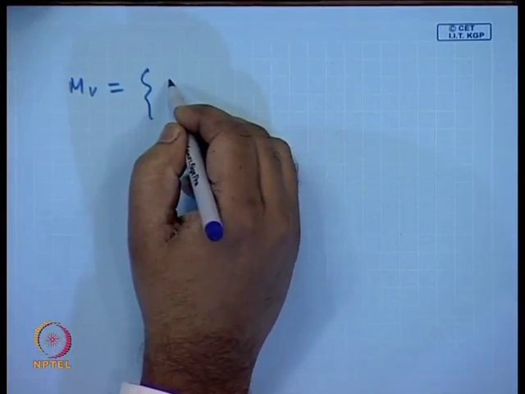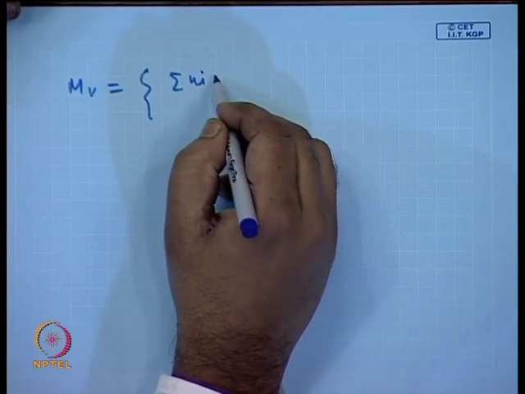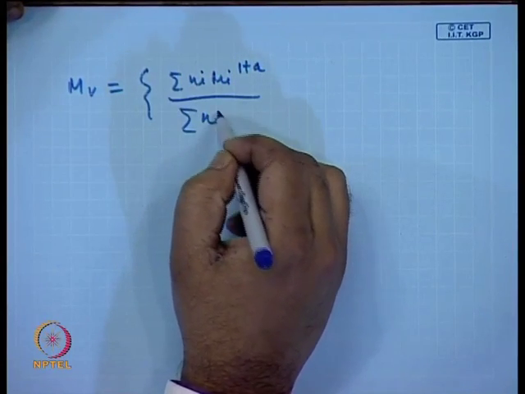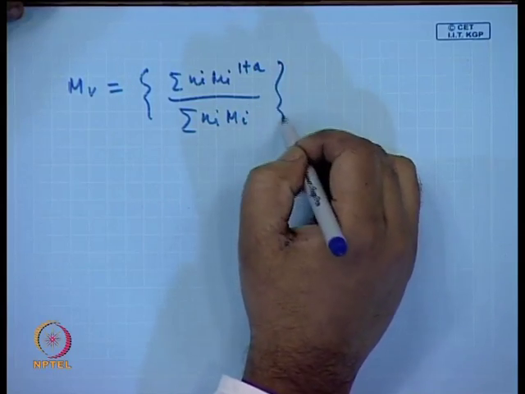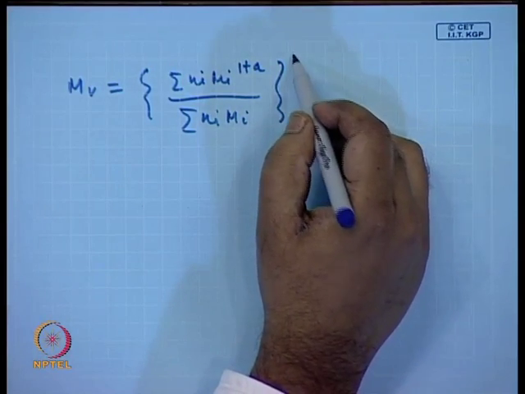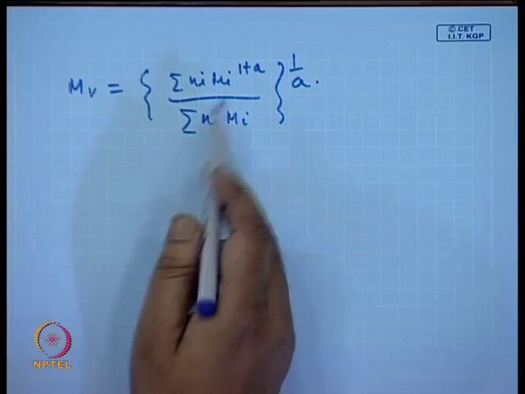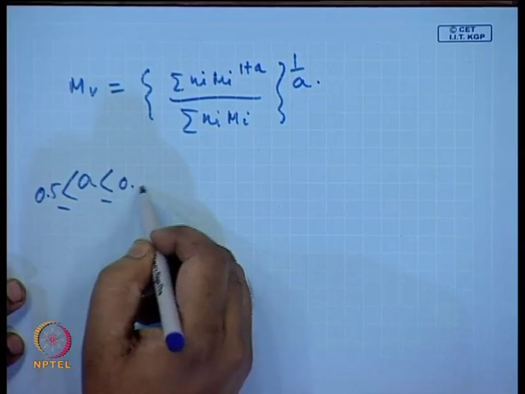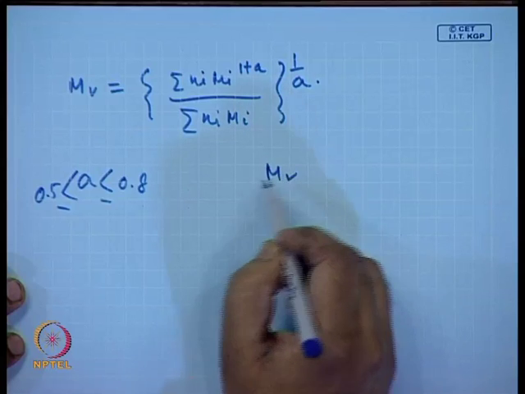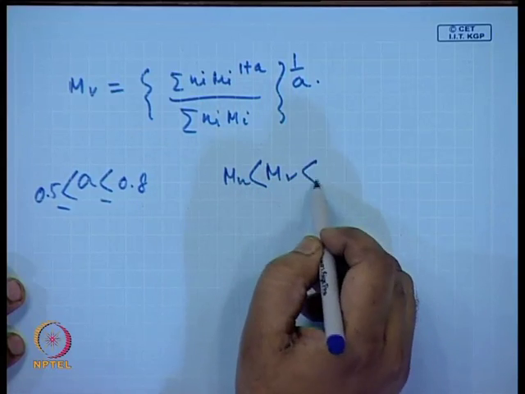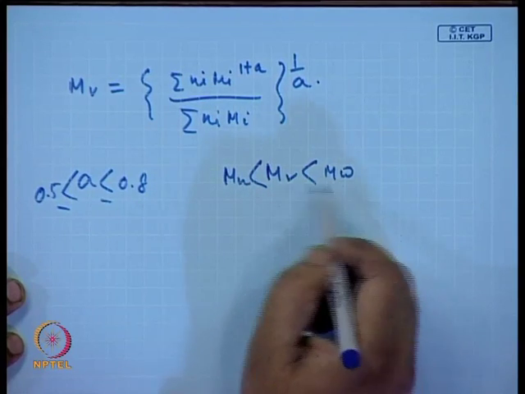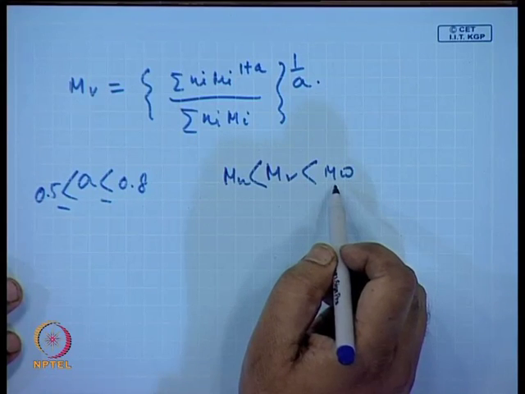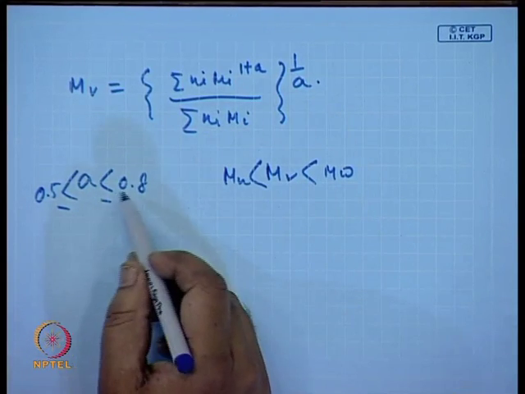M_v is given by this. As a is between 0.5 and 0.8, M_v will lie between M_n and M_w, and it will be much closer towards M_w if a is higher.